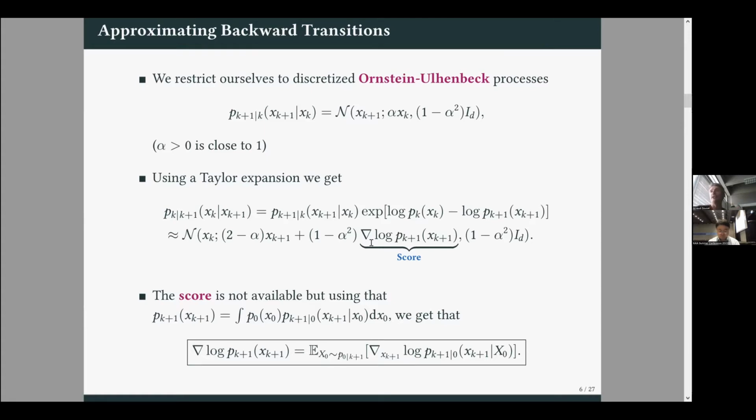So it doesn't seem that we've made much progress. But what we're going to do here is leverage the structure of the forward Markov transition kernel. So what do we know? Well, I can rewrite this marginal distribution of x_{k+1} as simply the initial distribution p_0(x_0), that is the data distribution, multiplied by the transition that takes me from x_0 to x_{k+1}, integrated over x_0.